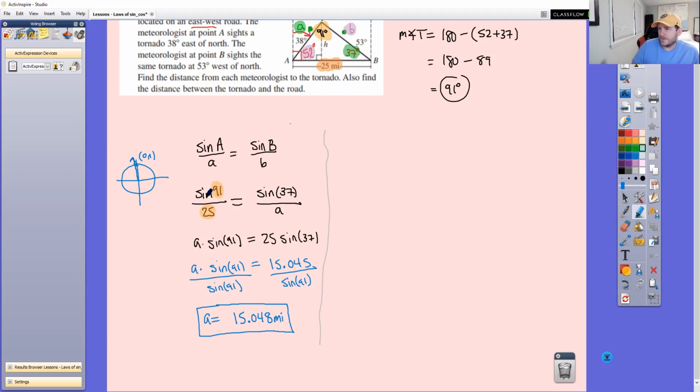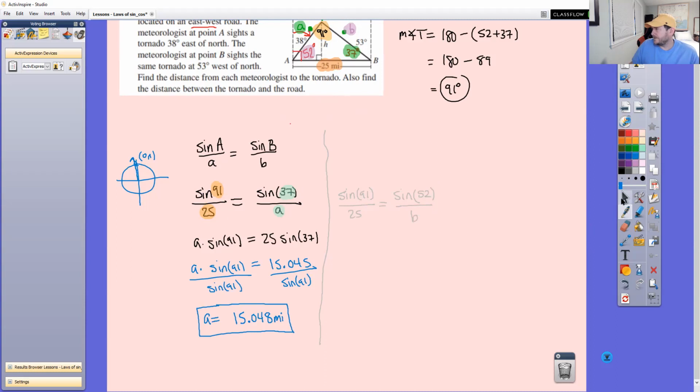But where we set the orange ratio equal to the green, this time we'll set the orange ratio equal to the purple. So we're still going to go sine 91 divided by 25, but we're going to set that equal now to the sine of the angle that's opposite from side B, 52, and divide that by B.